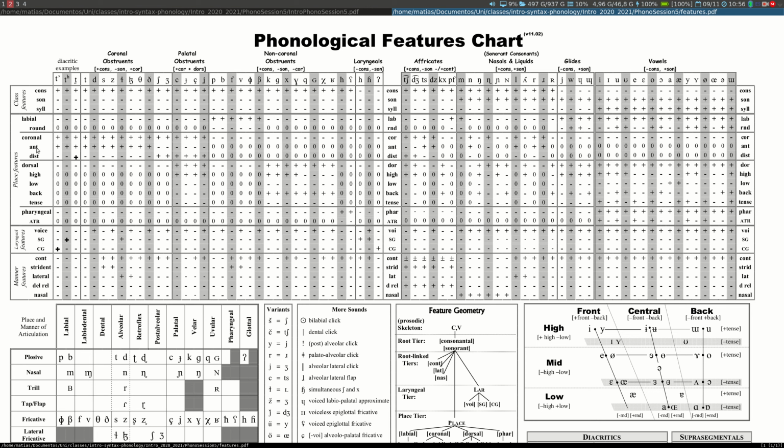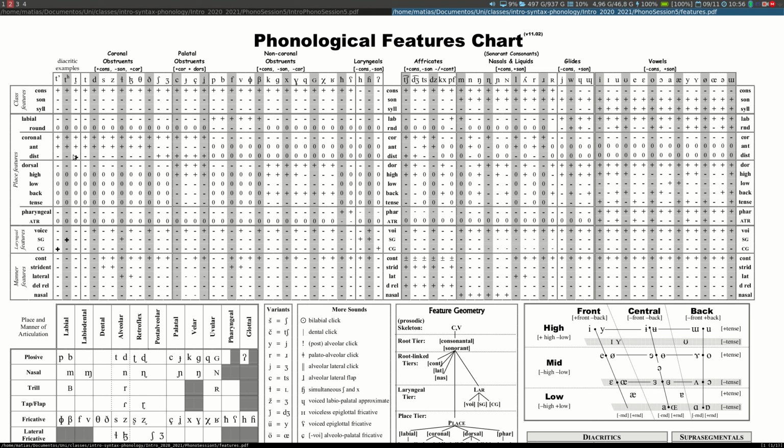You have anterior, whether they are in front or not, and again you see the point that anterior doesn't make any sense for non-coronal sounds, and they particularly don't make any sense for vowels. Now, with anterior, you're starting to distinguish between this in front and this further back.